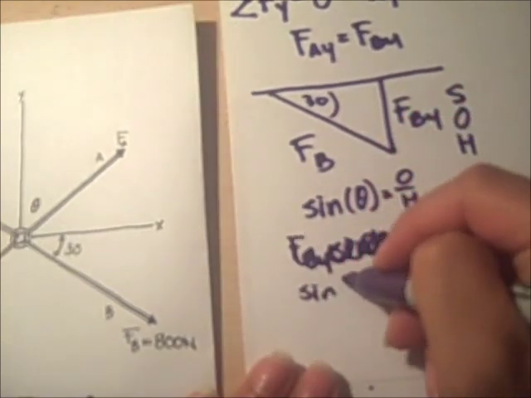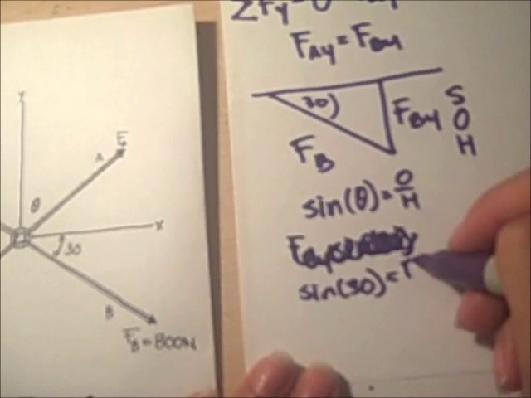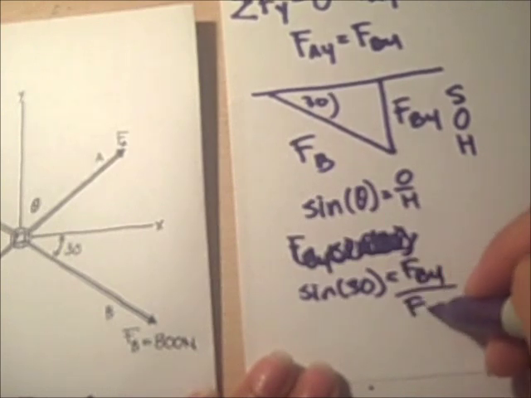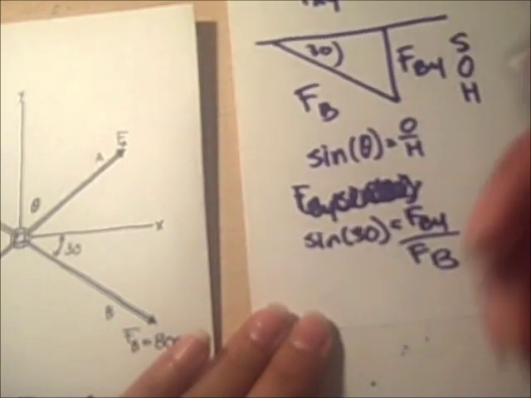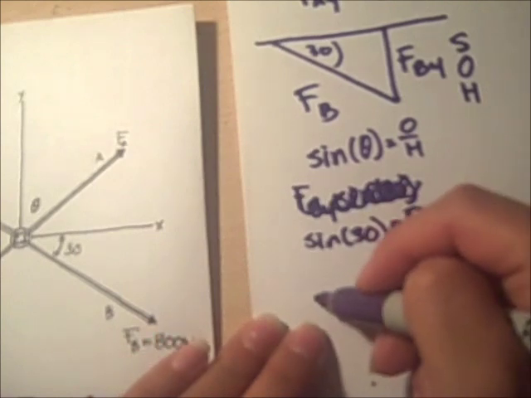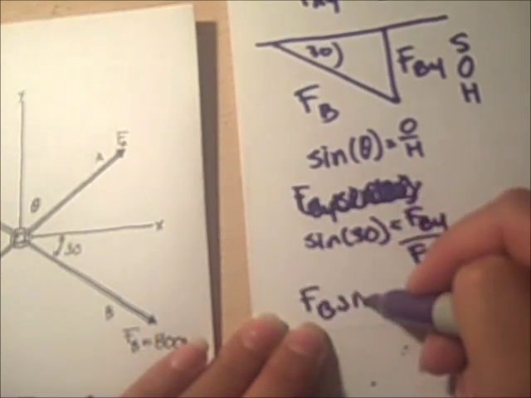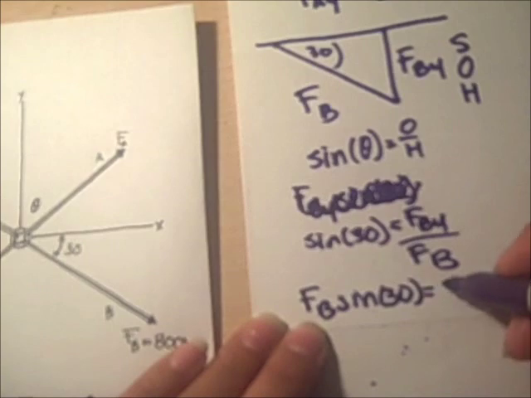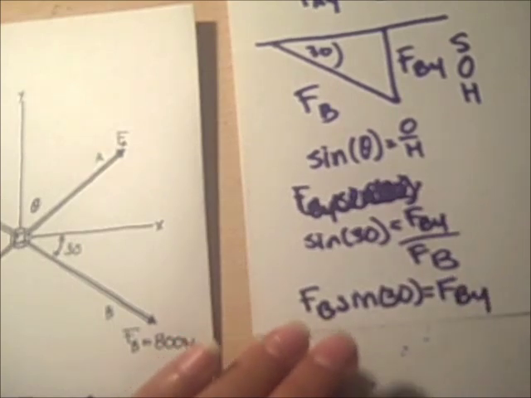So sine of 30 equals FBy over FB. Since we're trying to find FBy, FB sine 30 equals FBy. We're going to plug in our givens.